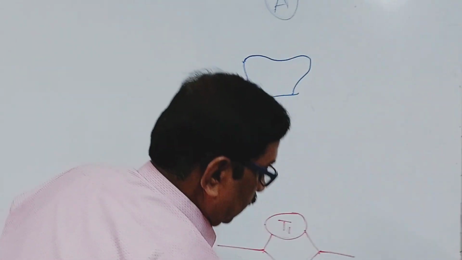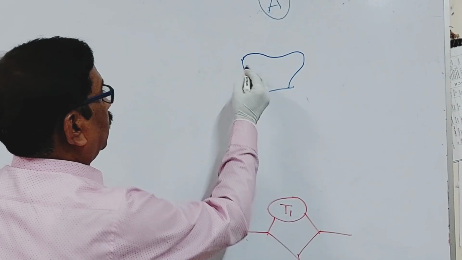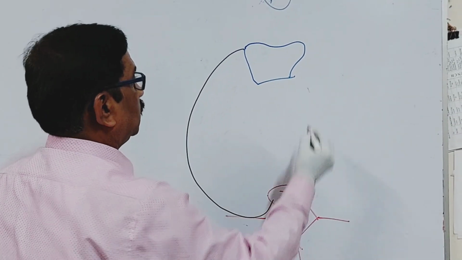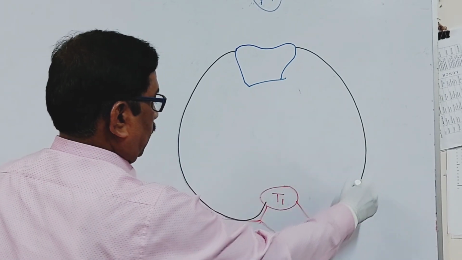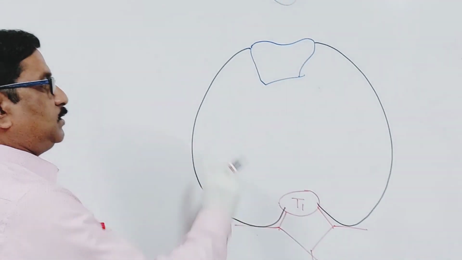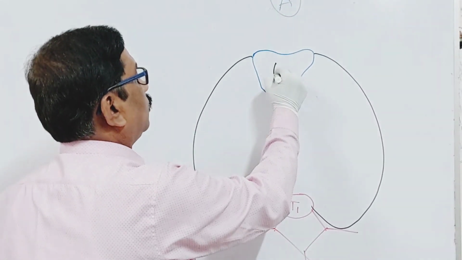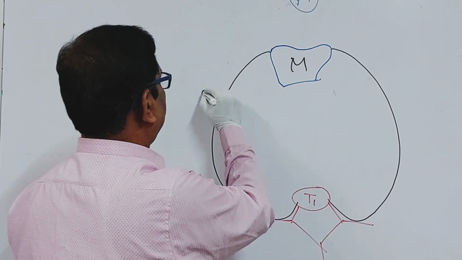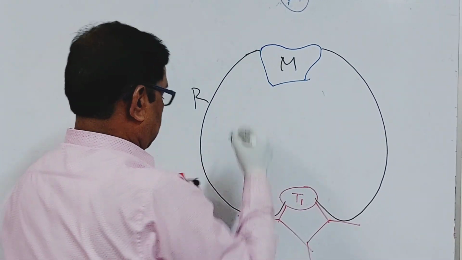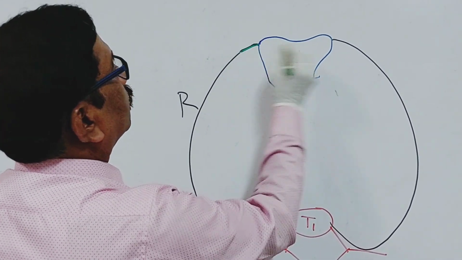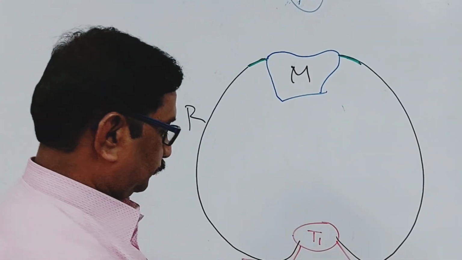And on either side, here is the first rib like this. So this is the cross section at the level of the thoracic inlet. This is the manubrium sterni, T1, and these are the ribs, and at this level is the costal cartilage of both sides.